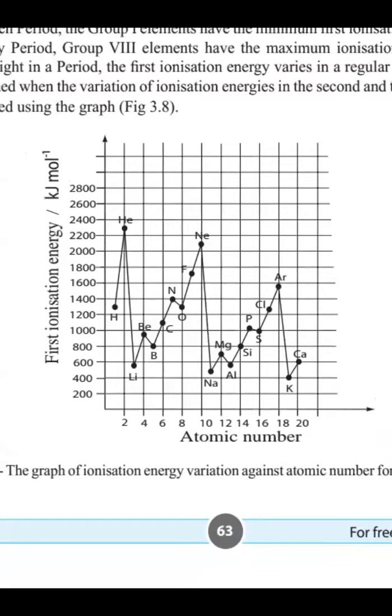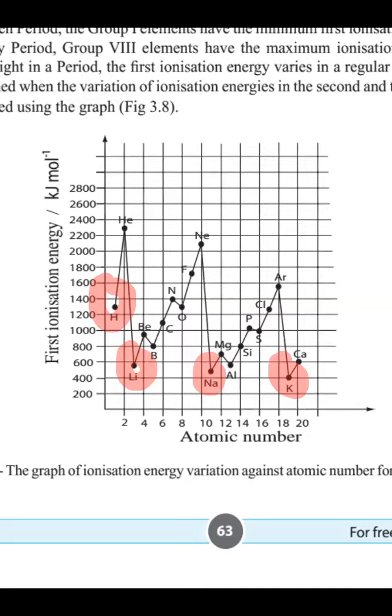Look at group 1 elements. They have the minimum first ionization energy: hydrogen, lithium, sodium, potassium. It means it is very easy to remove the first electron from the group 1 elements. Then you can see another pattern.